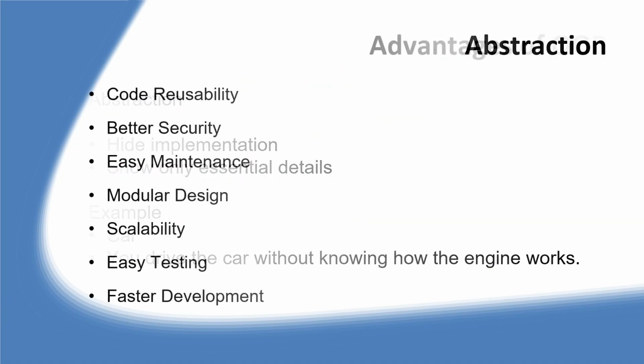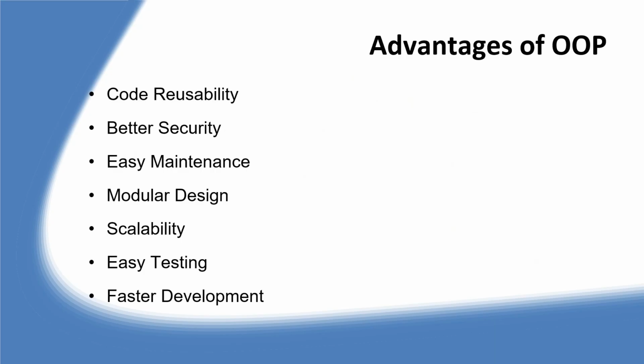So far we have seen all four pillars of object-oriented programming: inheritance, polymorphism, encapsulation, and abstraction. Using all these four principles, we can achieve many things: code reusability, better security, easy maintenance, modular design, scalability, easy testing, faster development.